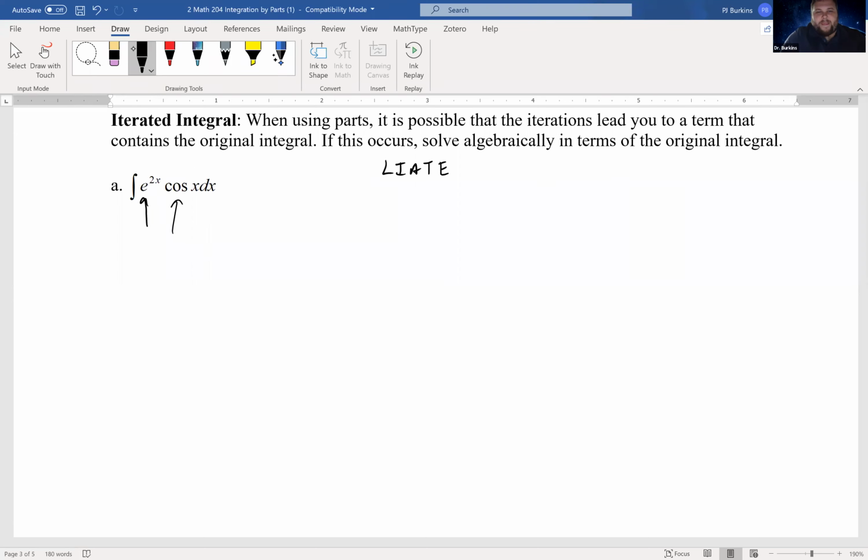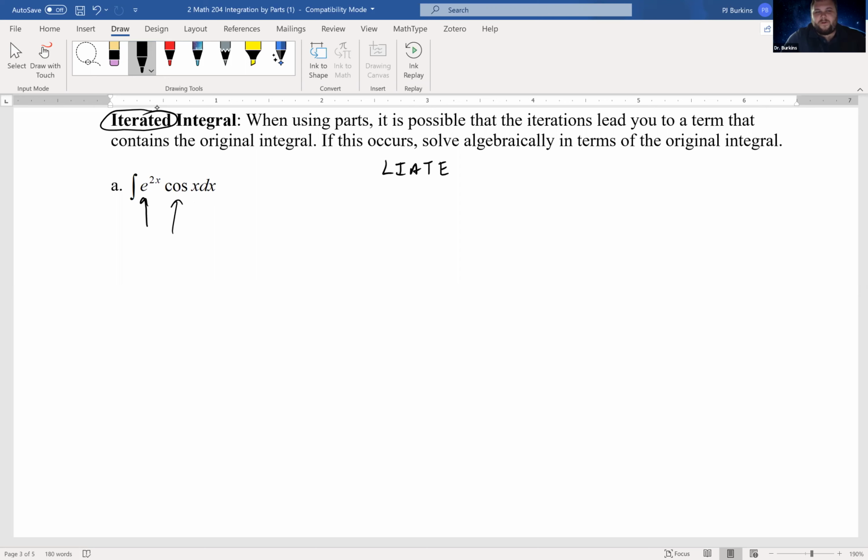If I follow that, it tells me that the trig function comes first. In this case, however, because it's iterated, which is what I'm going to find out in a few seconds, this thing is going to just continue on and on and on, then it doesn't actually matter which one of these two I choose.